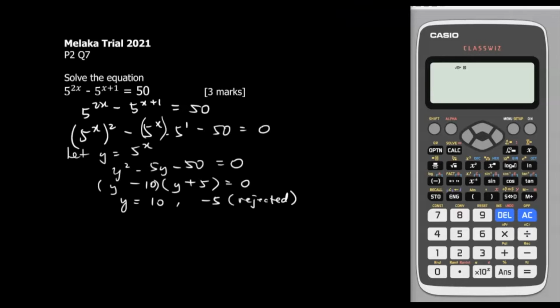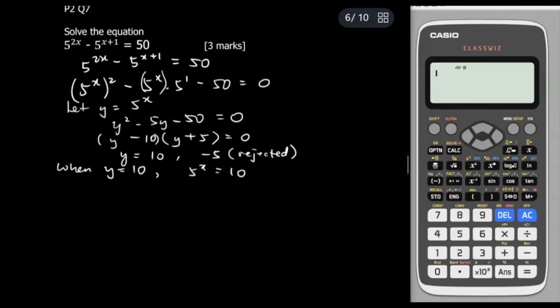When y equals 10, so 5 power x equals 10. We want to find x, so we use logarithm. Here we take log at both sides, so x log 5 equals log 10. So x is log 10, which is equal to 1, over log 5.